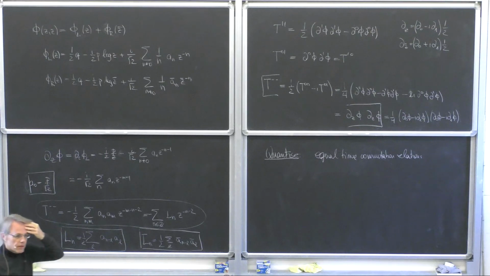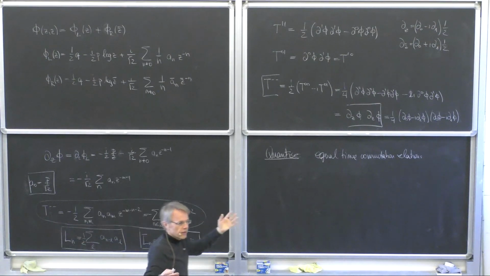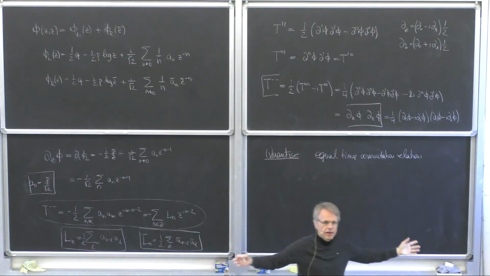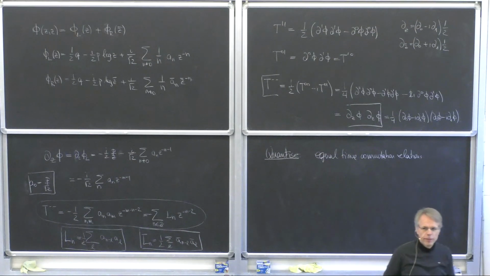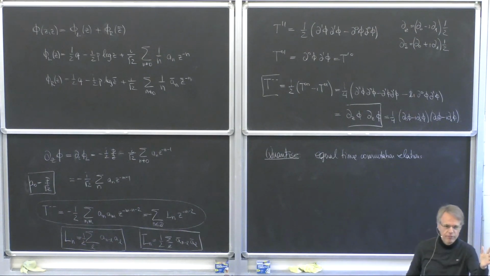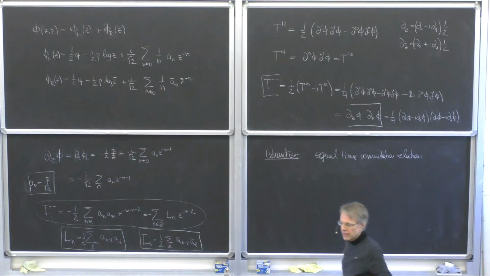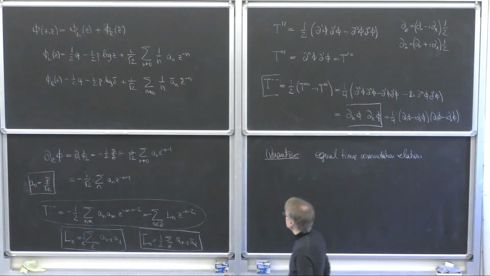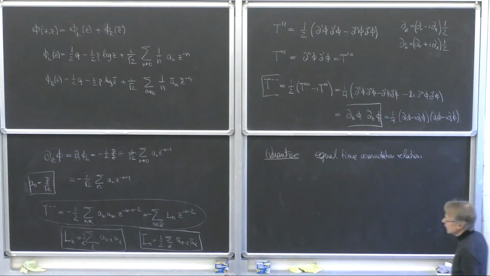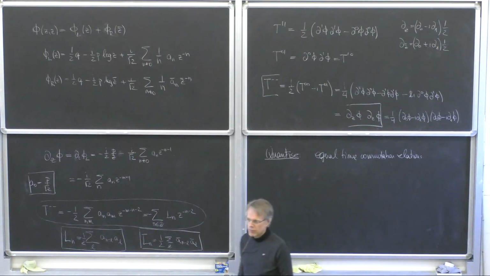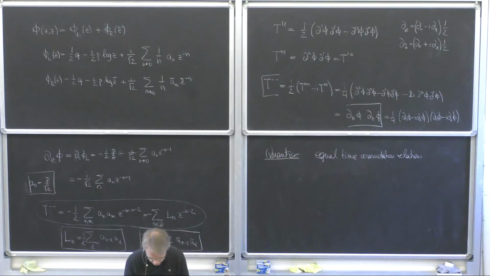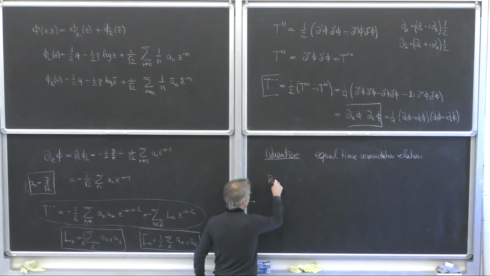In the world of Euclidean quantum field theory, there are just two directions, so you have to declare what you mean by time, so that you can say what you mean by equal time. In this context, it's conventional and useful to think of time as being the radial direction. This is what's normally called radial quantization. So what we are going to do is radial quantization.